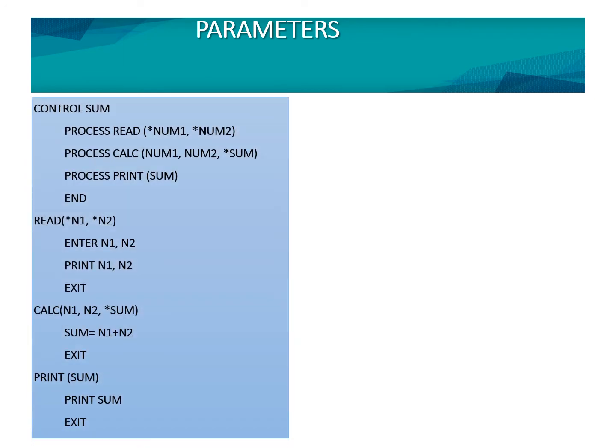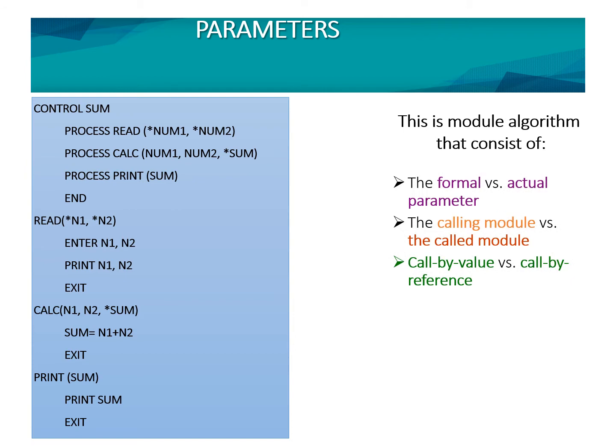This algorithm consists of several items: the formal and actual parameters, the calling module and the call module, and call by value and call by reference. As you can see from this algorithm, we have the actual parameter here, while this one is the formal parameter.